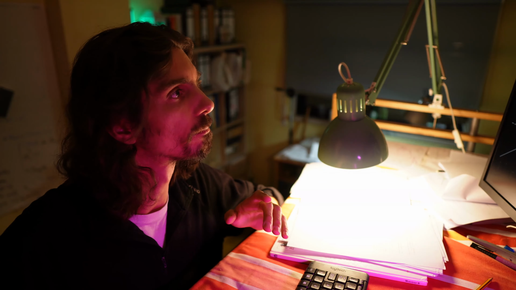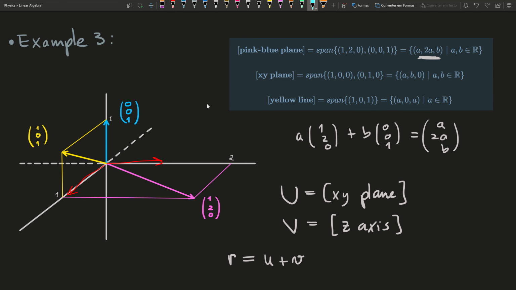For example, if I choose this vector that starts at the origin and ends up at this point, it can be written as this vector, the U vector, which lives in the xy plane, plus this vector here, which lives in the z-axis.